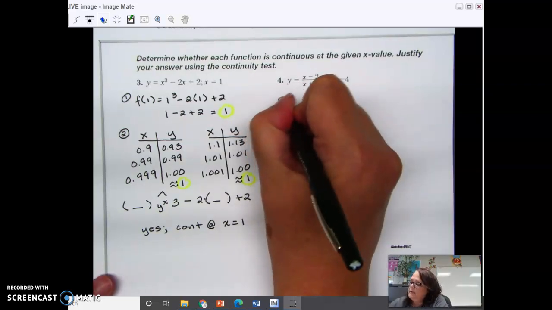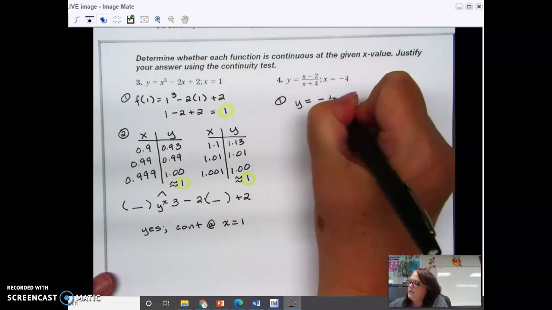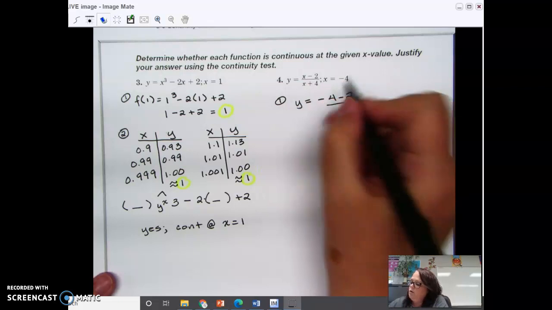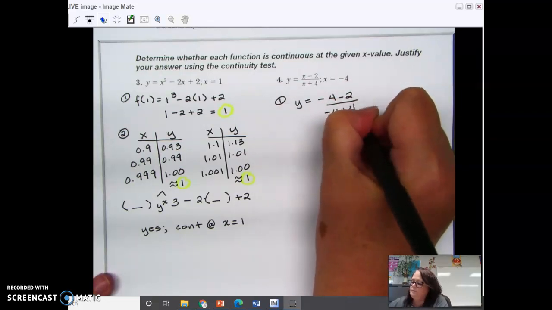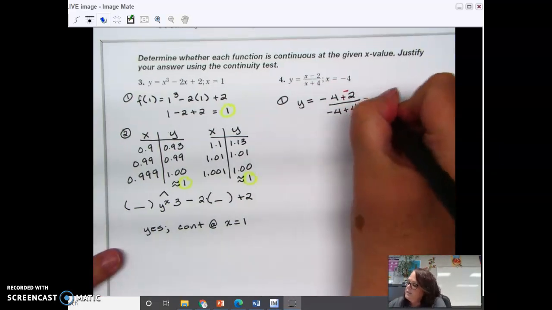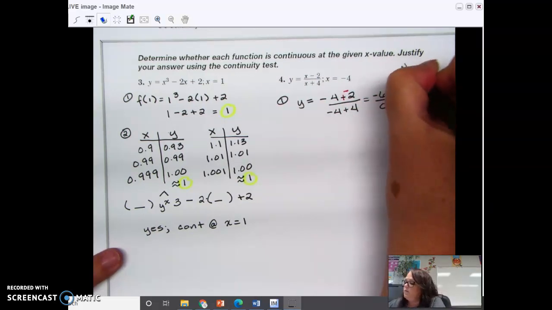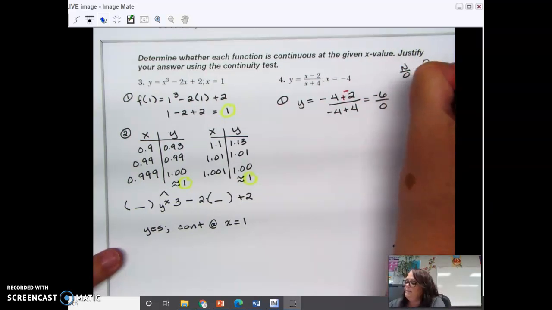So the first step again is to substitute -4. So we're going to get y is equal to (-4 minus 2) over (-4 plus 4). So if we work that out, my numerator gives me -6 and my denominator gives me 0. Remember we talked about whether something was no versus okay.